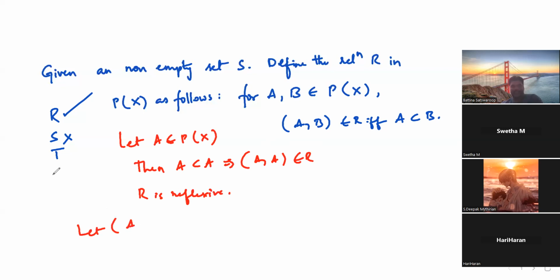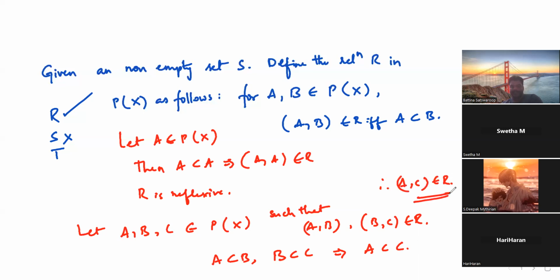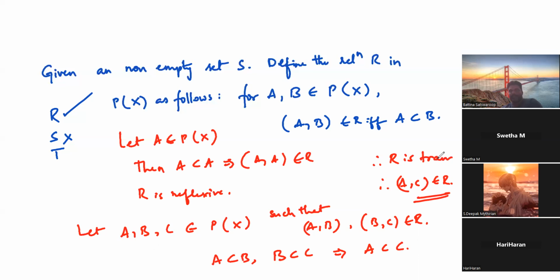Let A, B, C belong to P of X such that A, B and B, C belong to R. Then A is a subset of B, B is a subset of C, that implies A is a subset of C. Therefore, A, C belongs to R. Therefore, R is transitive. Correct? Yes.